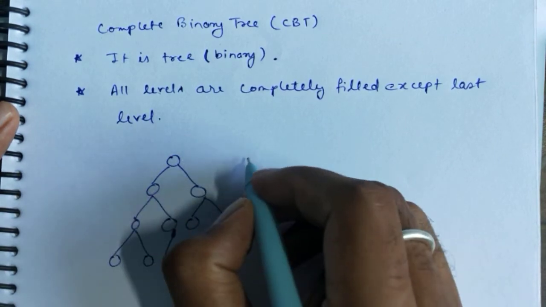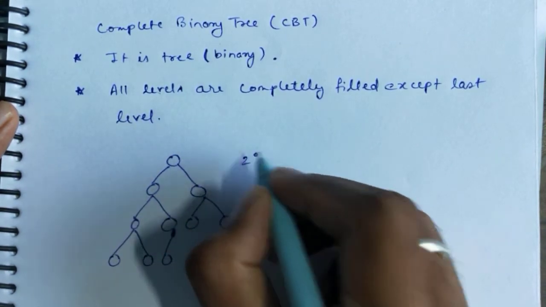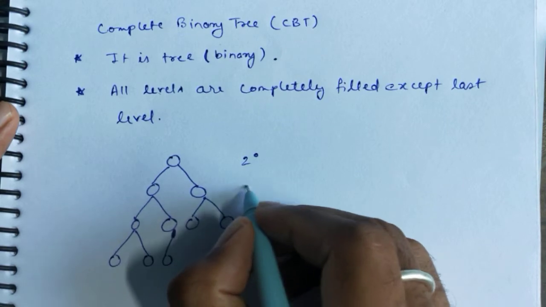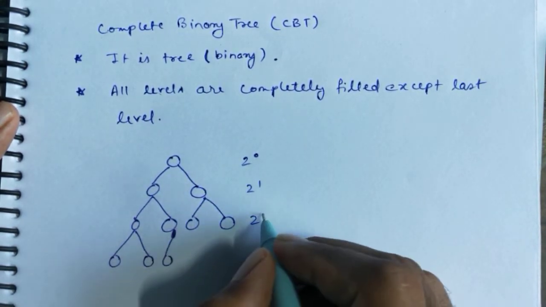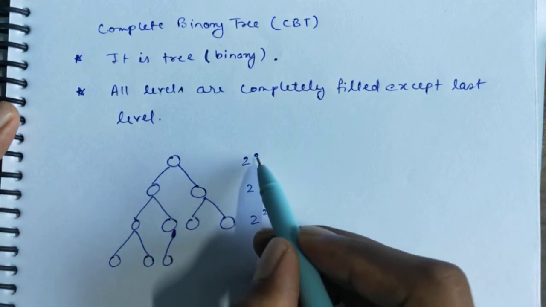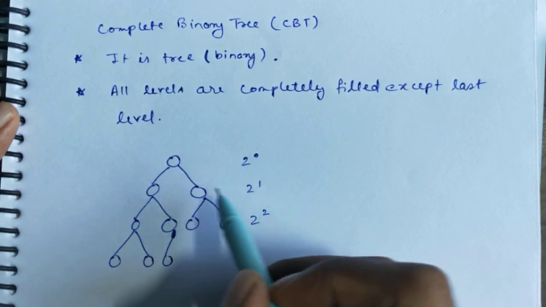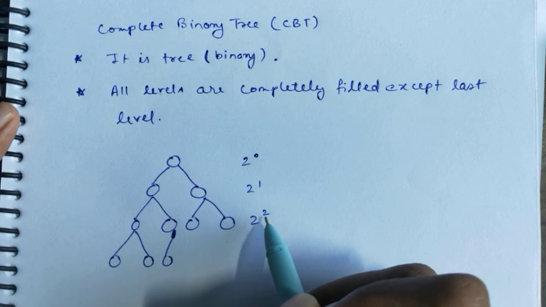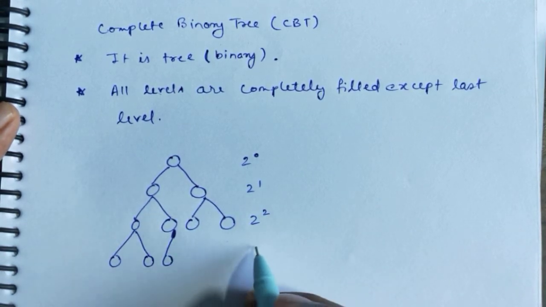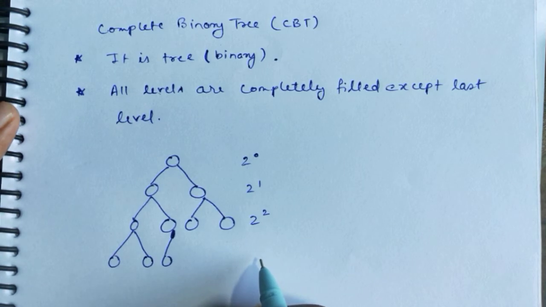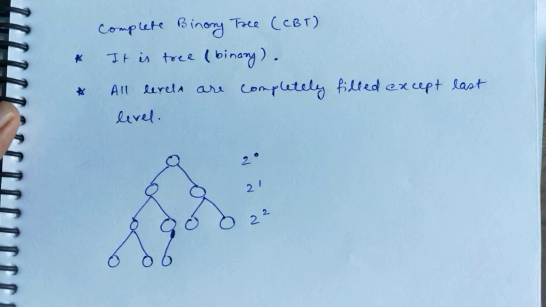So level 0 must have 2 to the power 0 nodes, level 1 must have 2 to the power 1 nodes, and level 2 must have 2 to the power 2 nodes. 2 to the power 0, that means 1 node, 2 to the power 1, that means 2 nodes, and 2 to the power 2, that is 4 nodes. And last level can contain 2 to the power 3, that is 8 elements, but it can remain empty in a case of complete binary tree.